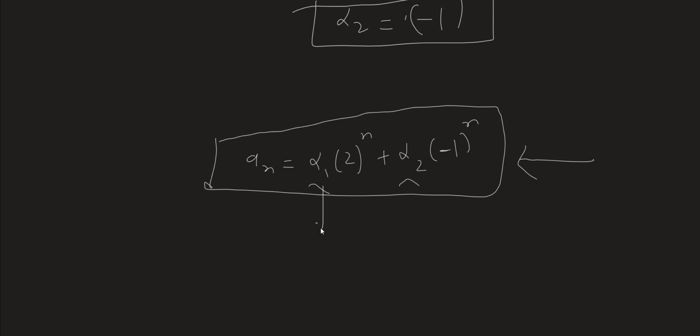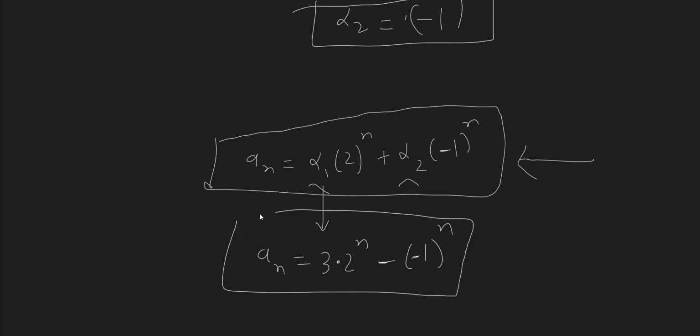For alpha 1 we know we got the value 3, so this equation will be a_n is equal to 3 times 2 raised to the power n minus, for alpha 2 we have the value minus 1, so this will be equal to minus 1 raised to the power n. So this is the solution to the recurrence relation.